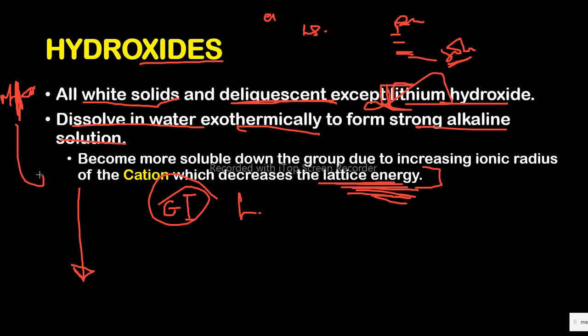So the lattice energy won't be that pronounced, but the hydration energy, the heat evolved when these ions are surrounded by water molecules, is going to be high. It will outweigh the lattice energy. Hence the hydroxide becomes more soluble as you go down the group.